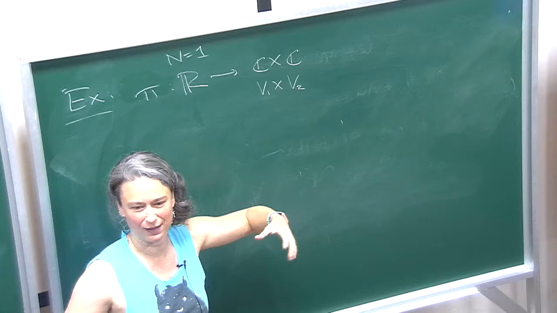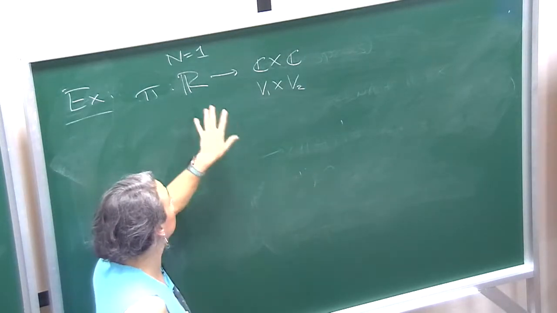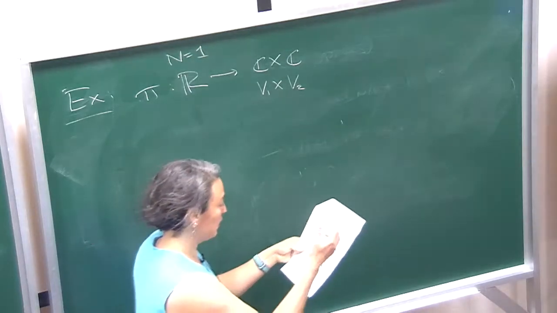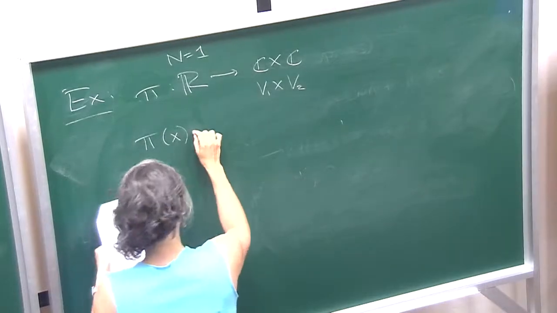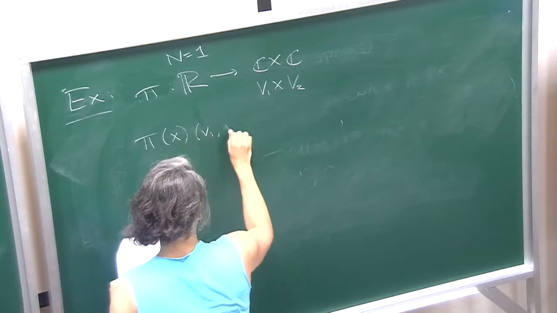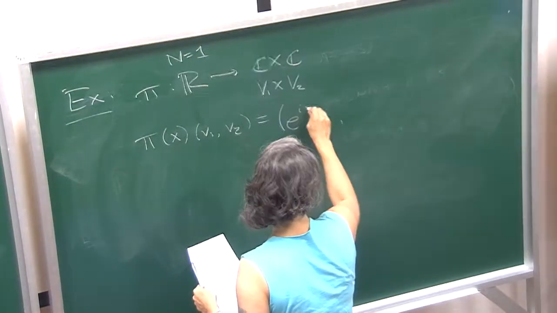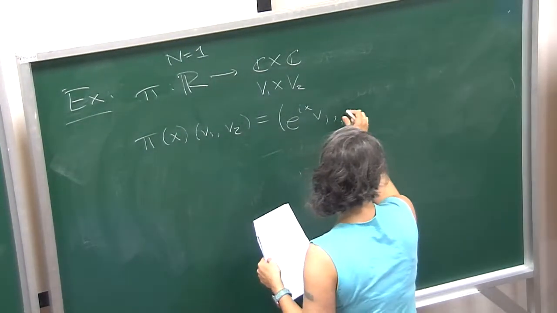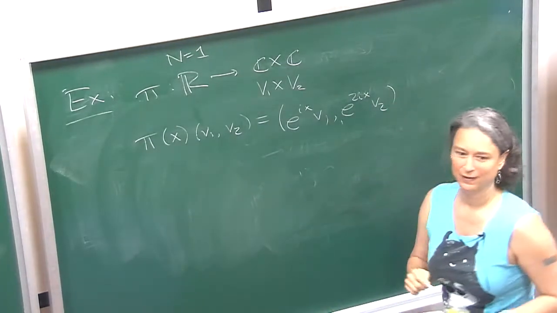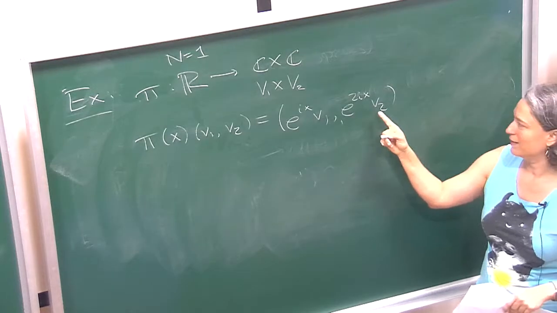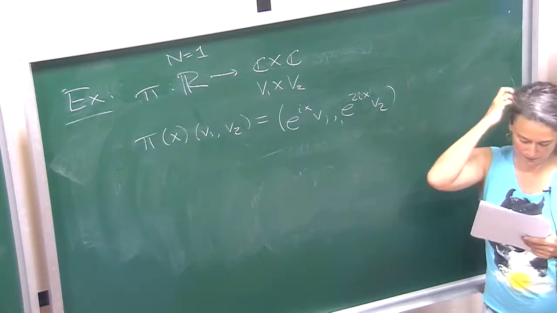It also gives a more general example if you replace C with another vector space. And pi takes x, evaluated at V1 and V2, and gives me e to the ix V1 and e to the 2ix V2. It just so happens that my indices match these powers. So 1 with 1 and 2 with 2.